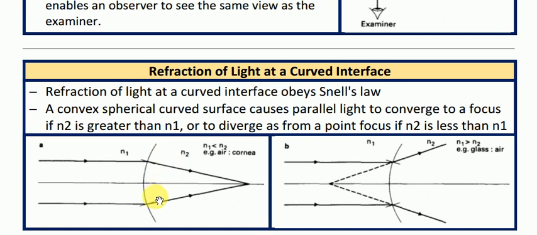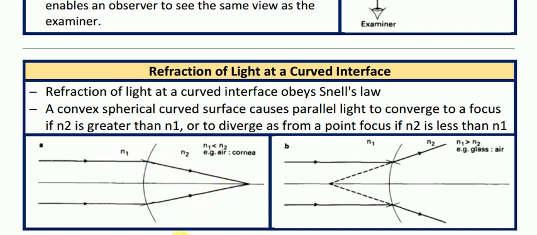It causes parallel light to converge to a focus if N2 is greater than N1, or the light will diverge if N2 is less than N1. For example, from glass to air, the light will diverge, and from air to cornea, the light will converge.